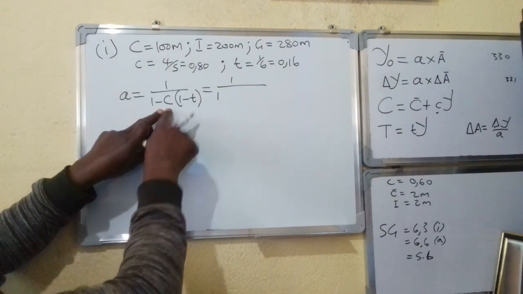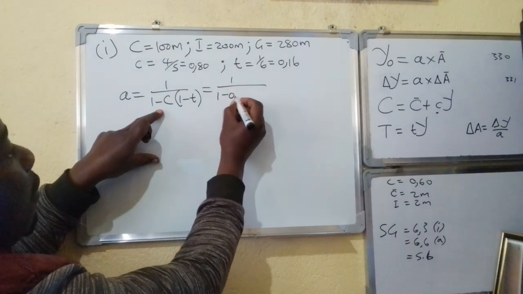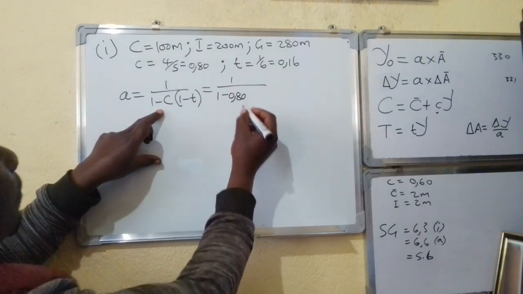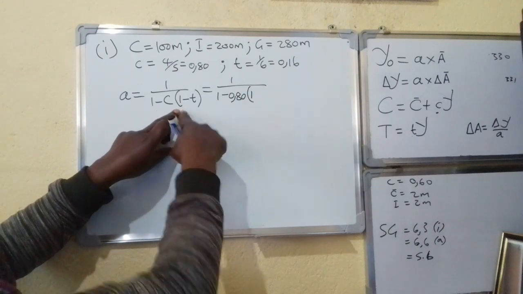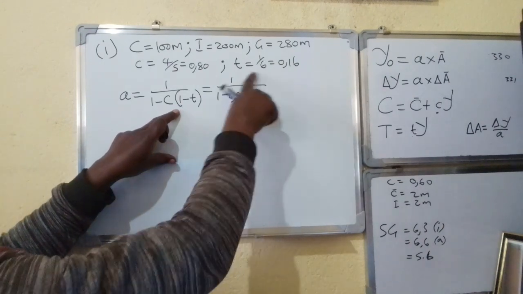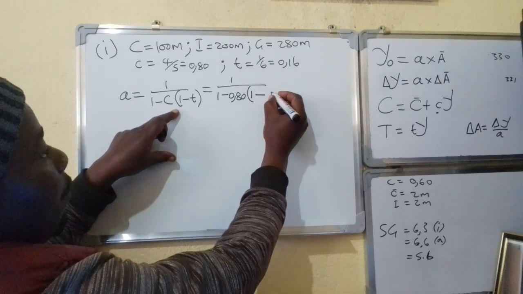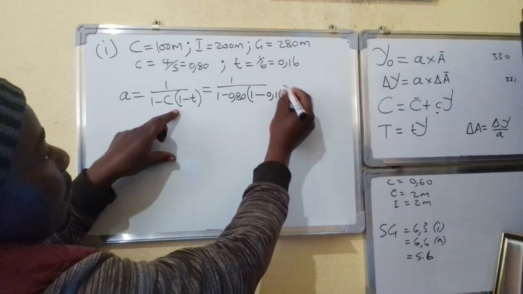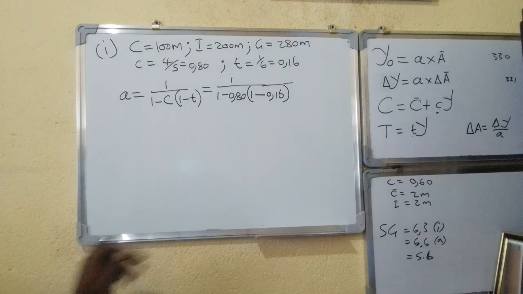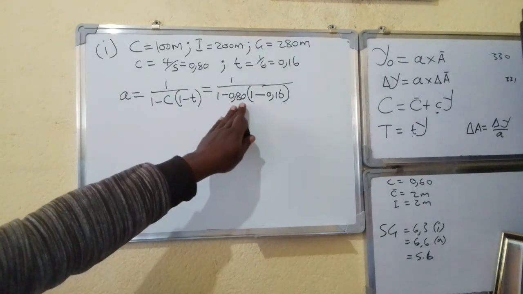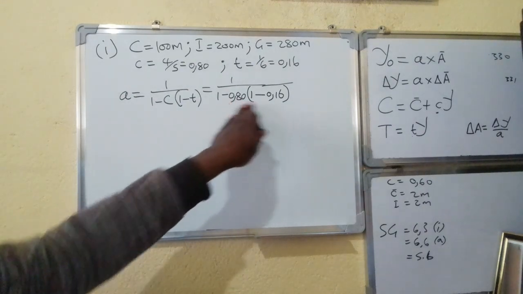So 1 over 1 minus our little c, which is 0.8, and then bracket 1 minus our tax, which is 0.16. Now, the tricky part here is which part are you starting with when you are calculating?